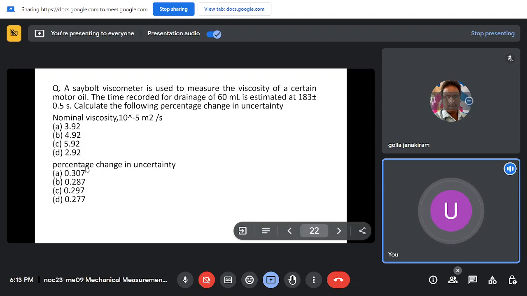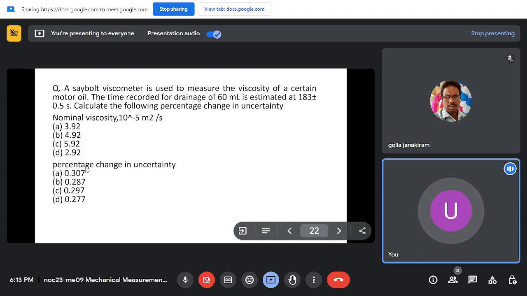So we'll see some numericals. We have a Saybolt viscometer which is used to measure the viscosity of a certain motor oil. The time recorded for drainage of 60 ml is estimated at 183 plus or minus 0.5 seconds.